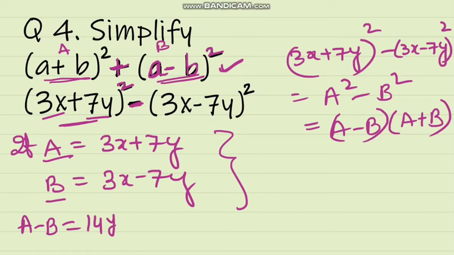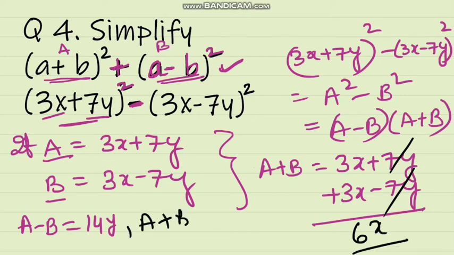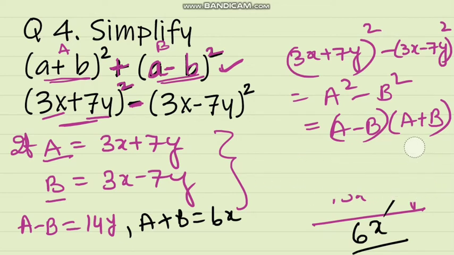Now let's see how much is your a plus b. So a plus b will be equal to 3x plus 7y plus 3x minus 7y. When you are adding, there is no need to change the signs. Plus 7y minus 7y gets cancelled and you are left with 6x. So a plus b is equal to 6x. Now that you know a minus b and a plus b, you can simply put the values.